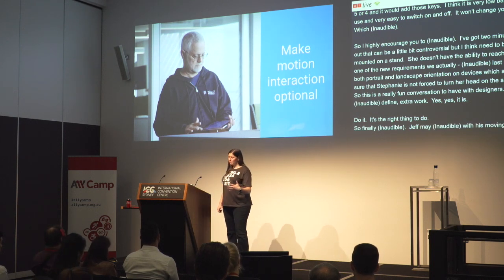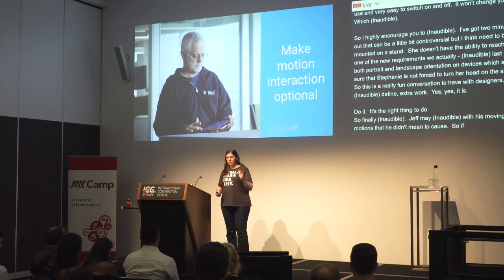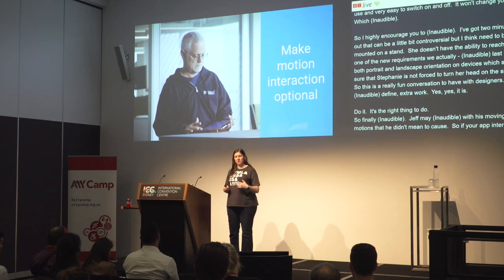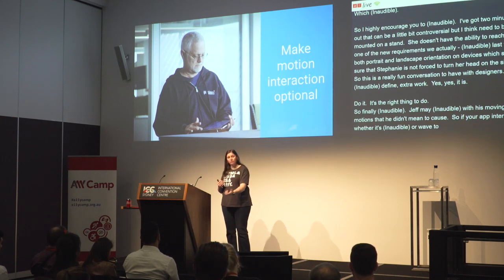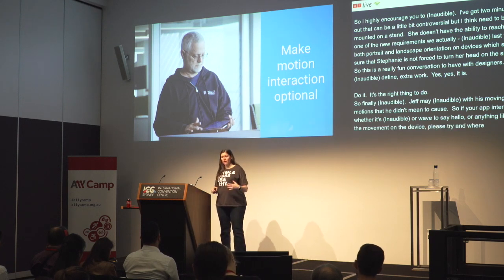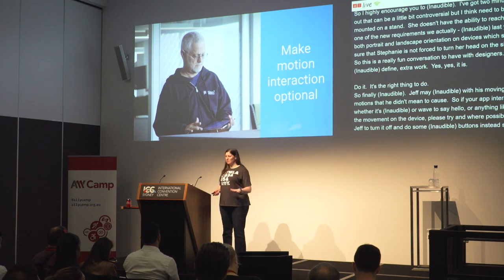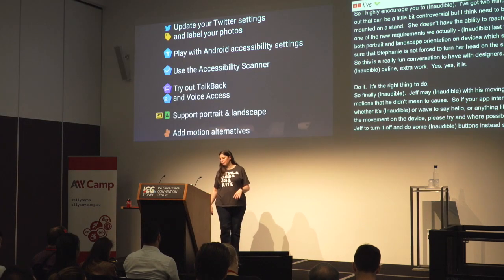So if your app interacts with its users via motion, whether it's shake to play or wave to say hello or anything like that, so it's either the movement of the person or the movement of the device, please try, where possible, to provide an alternative. Enable Jeff to turn it off and use some on-screen buttons instead so that he can control what's going on without his tremor interfering with the experience and how efficient he can be.